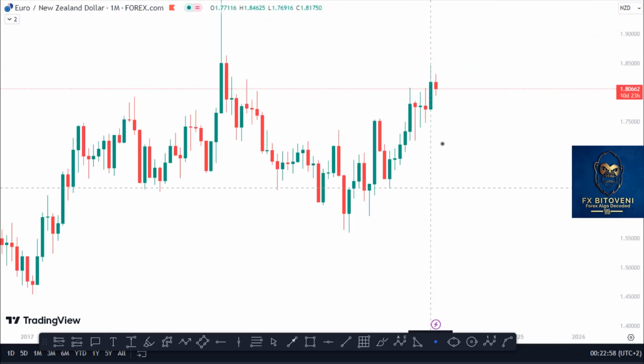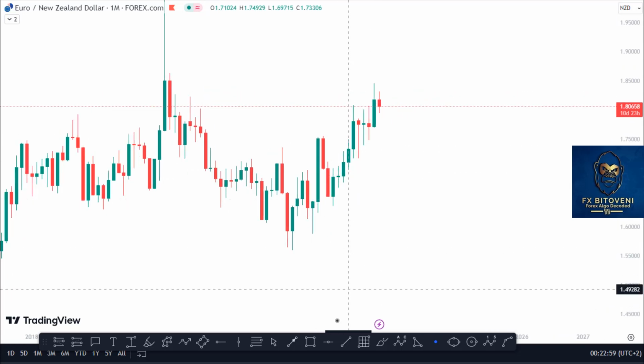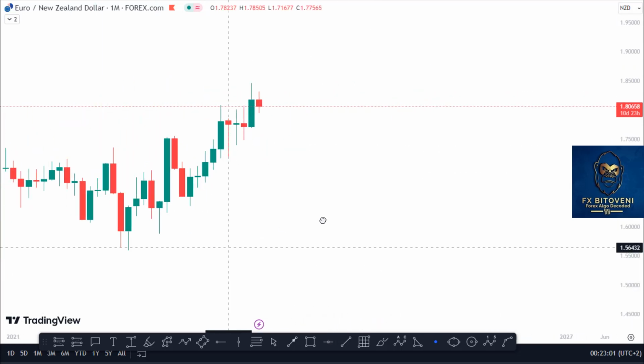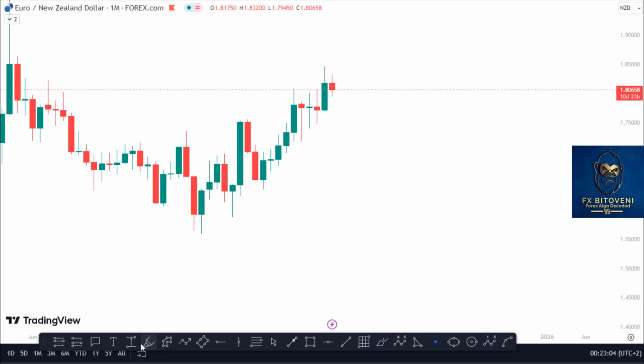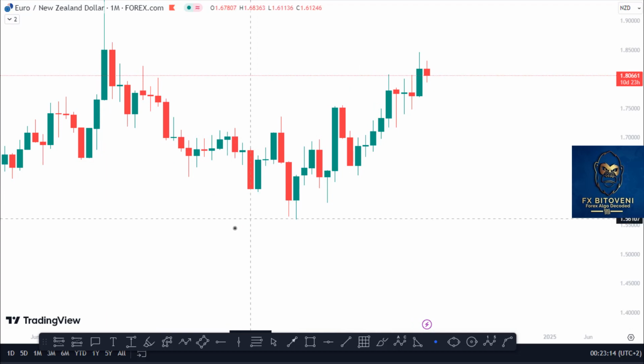You have a structure going on here. You start marking your structure. So here you have what? You immediately see your reversal pattern and try to understand what is going on.